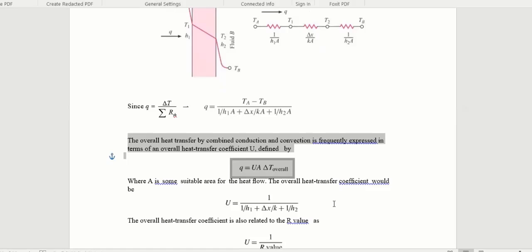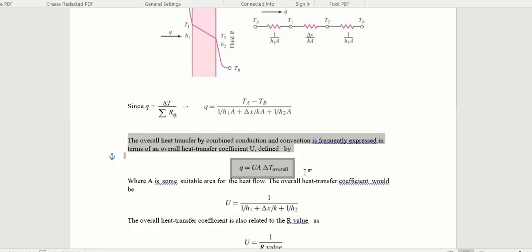Q is equal to UA delta T. So this U is nothing but the overall heat transfer coefficient. Okay, same formula as Newton's law of cooling, all of you have studied. Q is equal to HA delta T. Same is the formula, but we will be utilizing it when there is combined conduction and convection, right?